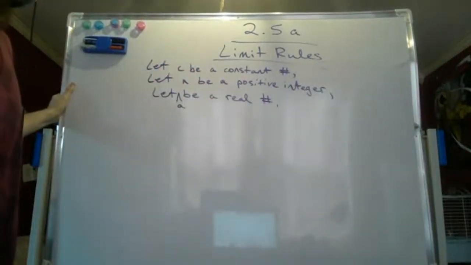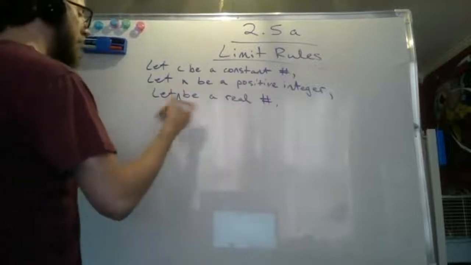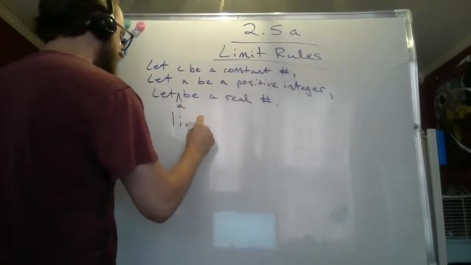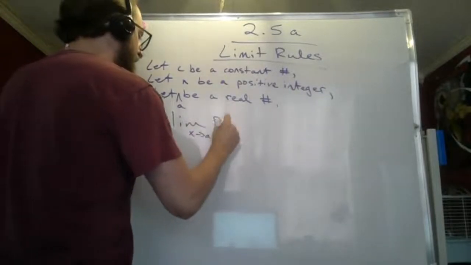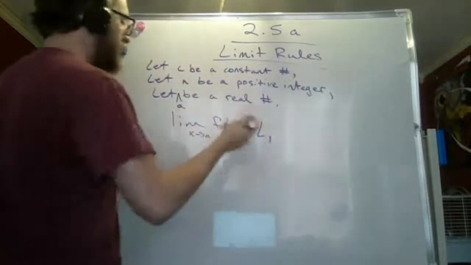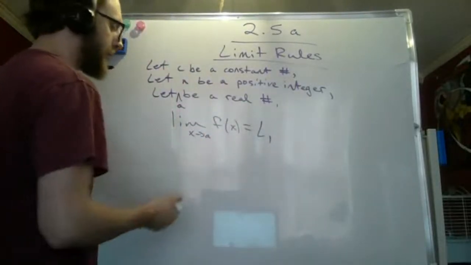And then suppose that we have some function f, and that the limit as x goes to a for f of x is equal to L1. L1 is some constant number, some real number.